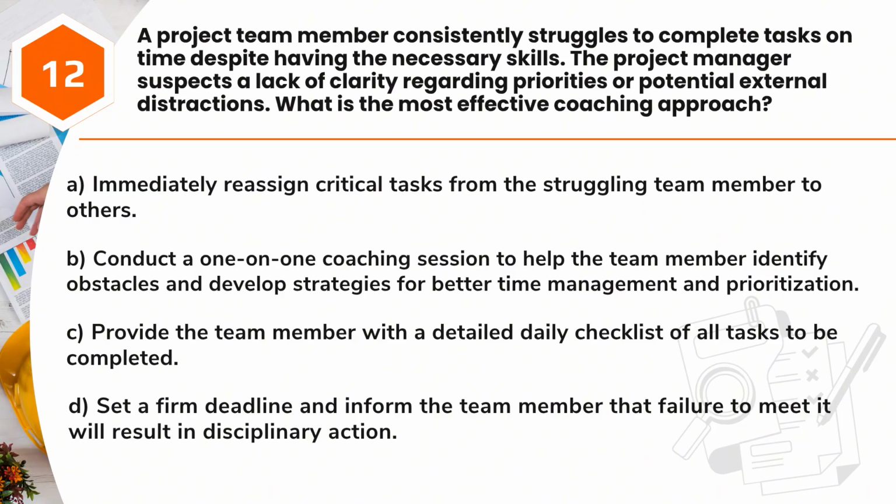B. Conduct a one-on-one coaching session to help the team member identify obstacles and develop strategies for better time management and prioritization. C. Provide the team member with a detailed daily checklist of all tasks to be completed. D. Set a firm deadline and inform the team member that failure to meet it will result in disciplinary action.